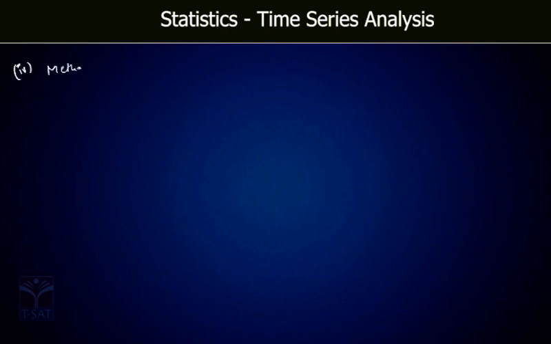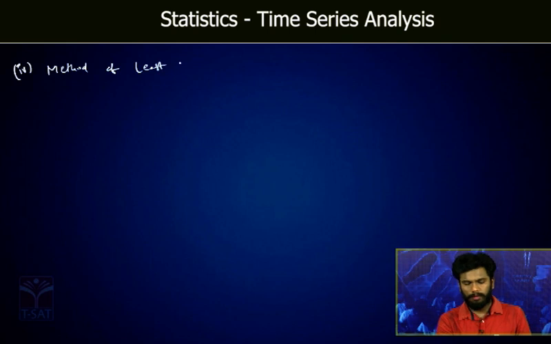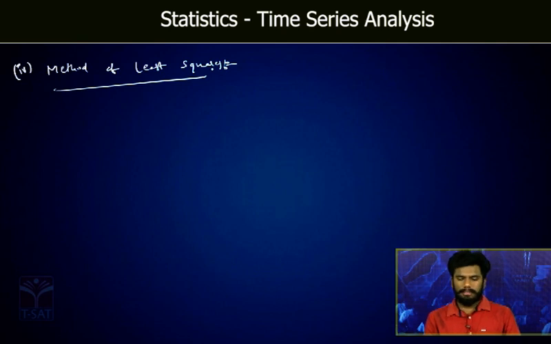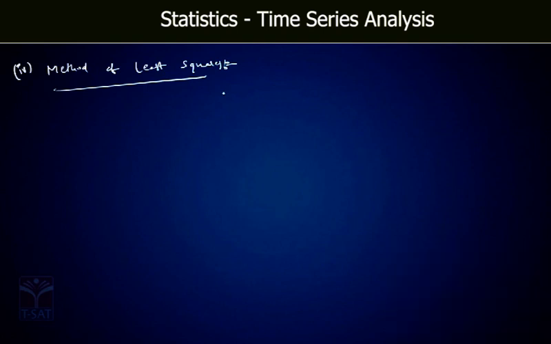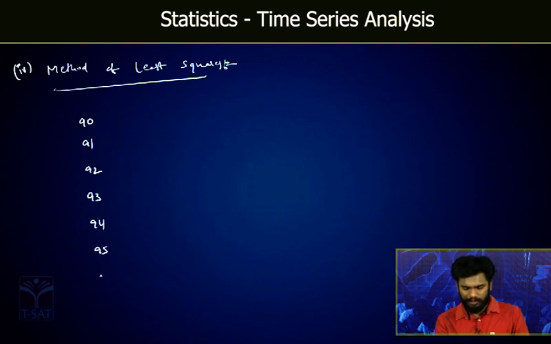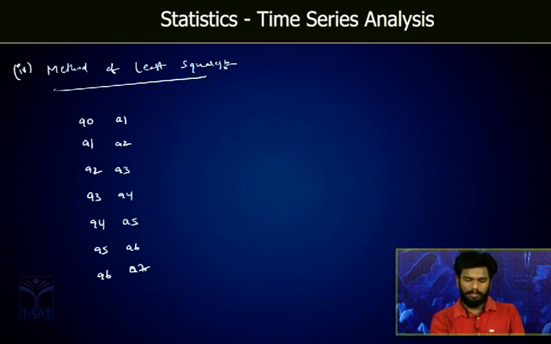Next, method of least squares. Let us consider the data points 90, 91, 92, 93, 94, 95 and 96, with values A1, A2, A3, A4, A5, A6 and A7.